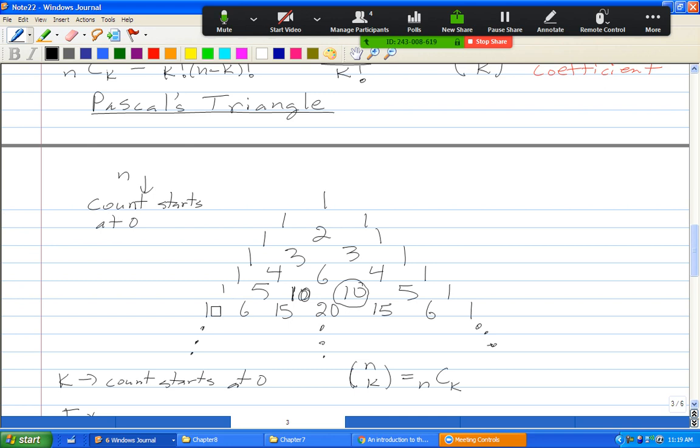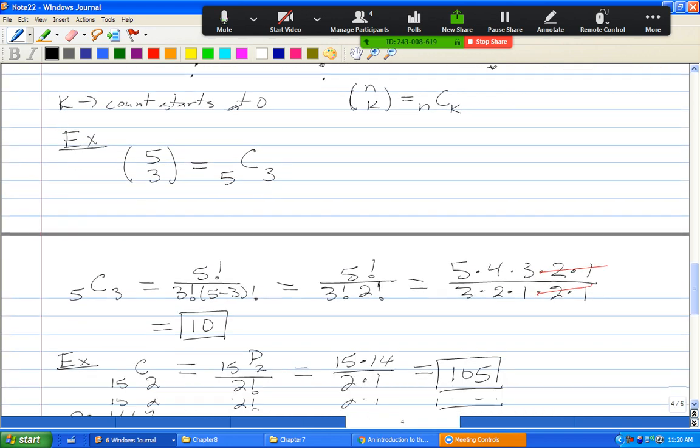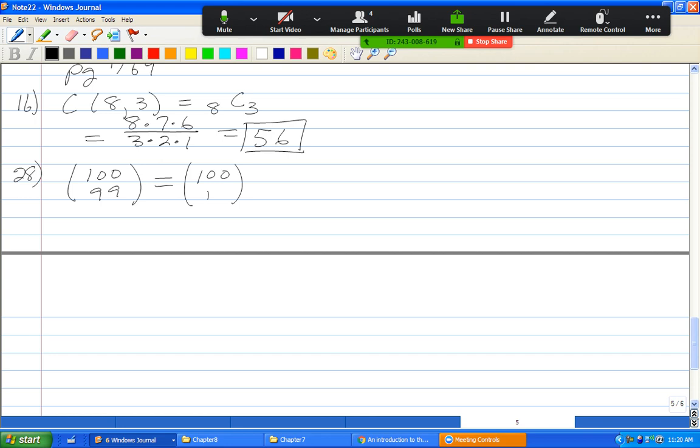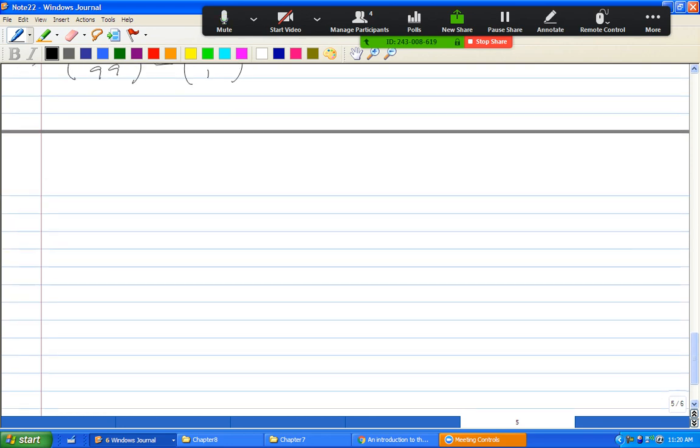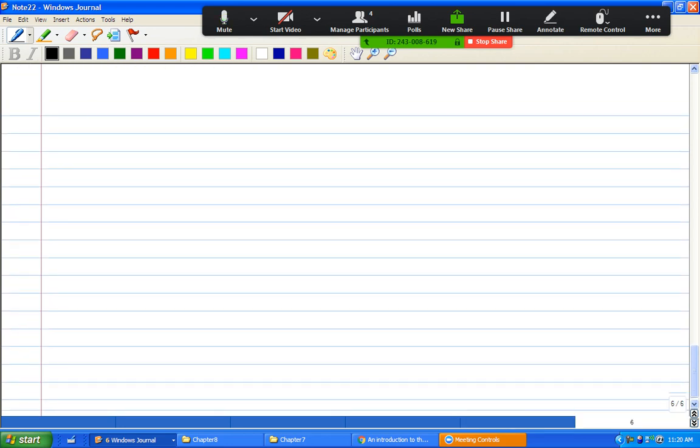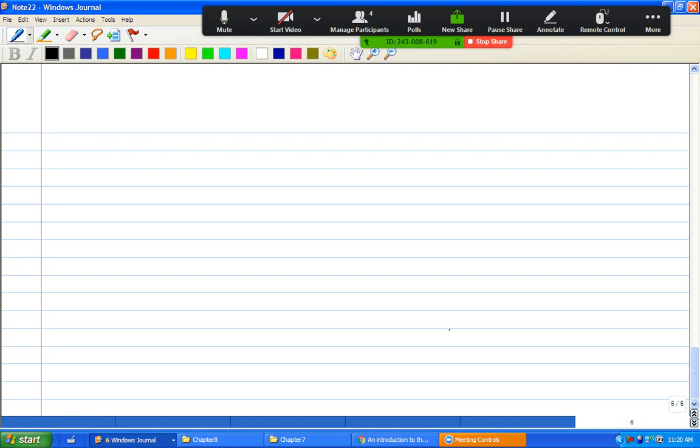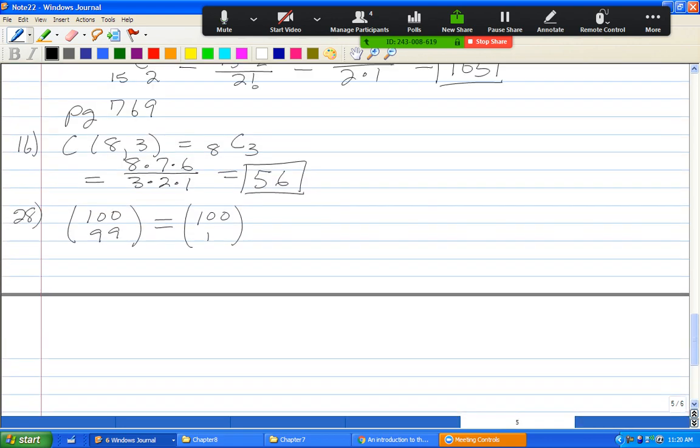So if you're one away from this, you're one away from that, and you have the same answers. And so this is the same as 100C1, but that just says write out one number and divide by 1 factorial.